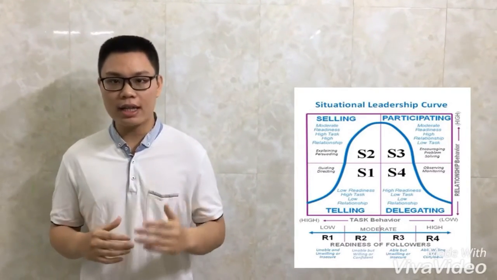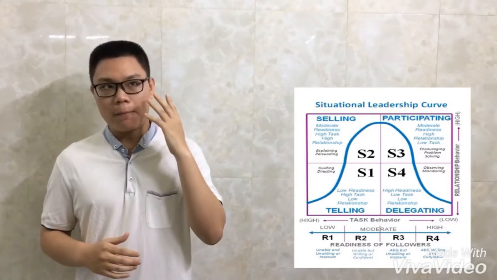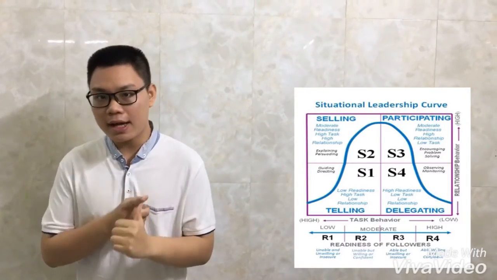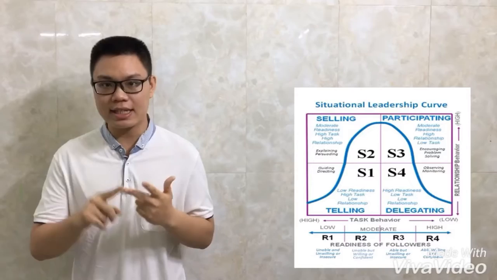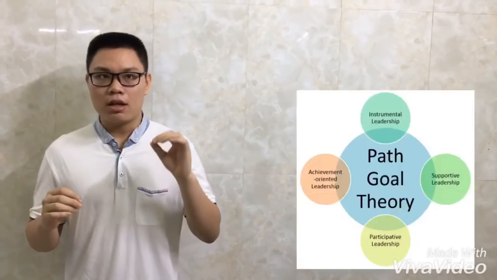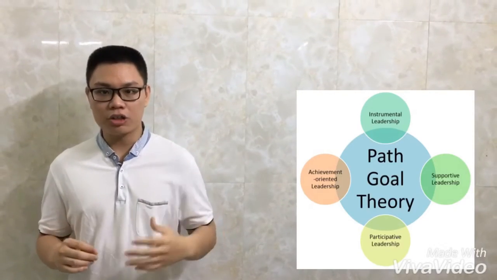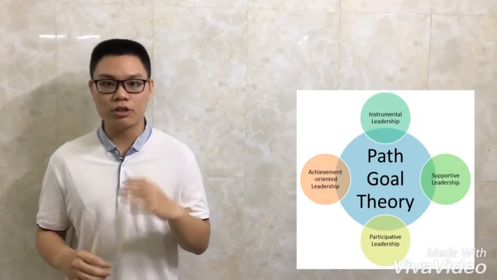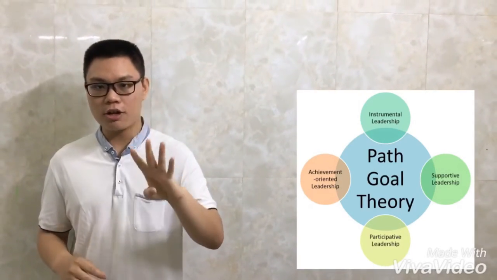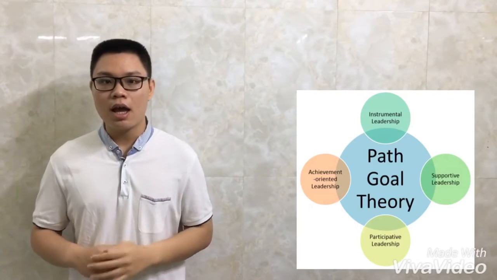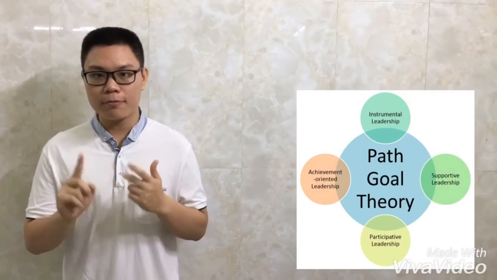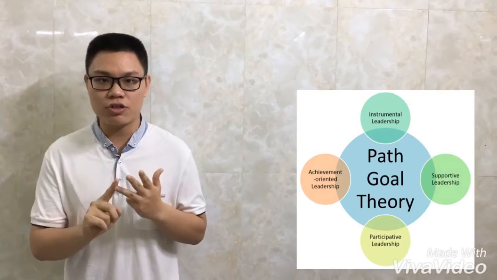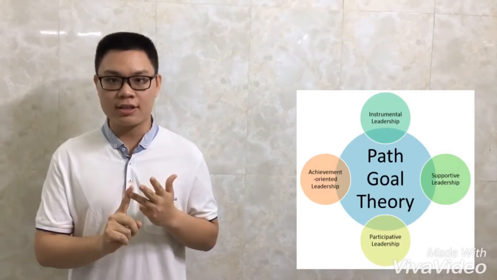They also identify leader behavior styles: telling, selling, participating, and delegating. And finally, the path-goal model developed by Robert House identified four leader styles: directive, supportive, participative, and achievement-oriented.